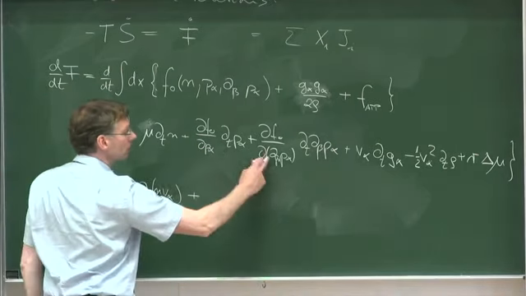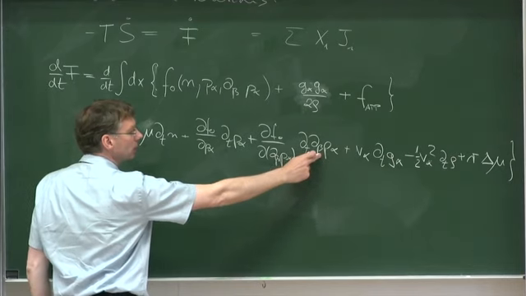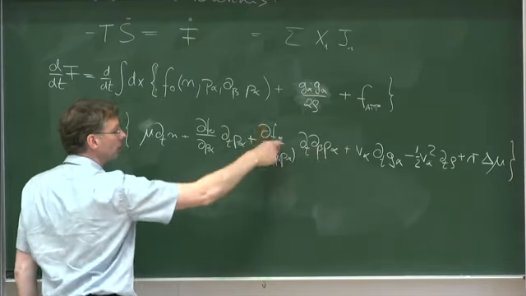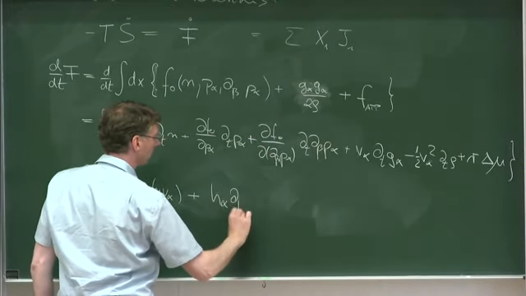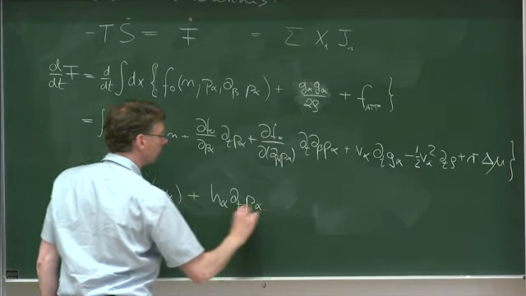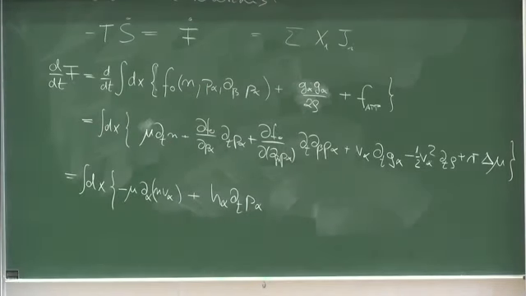I will use the next term. Here I will do a partial integration so that I get the d beta on this term, and then you see reappearing our molecular field, so I can write the whole expression in this way. The surface terms I do not consider, just wipe them under the carpet.